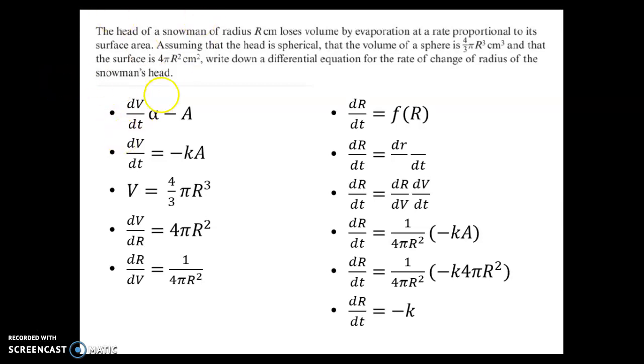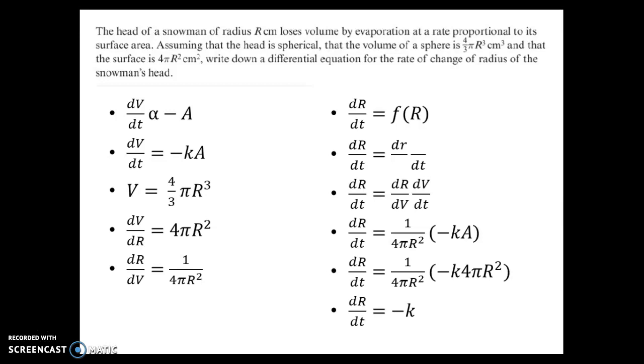So we're linking together here three variables, theoretically r, A, and V. They're obviously dependent on one another. And we can see that given this information of the question, dr by dt equals minus k. So the radius of the snowman's head is constantly reducing at the same rate until it is no more.